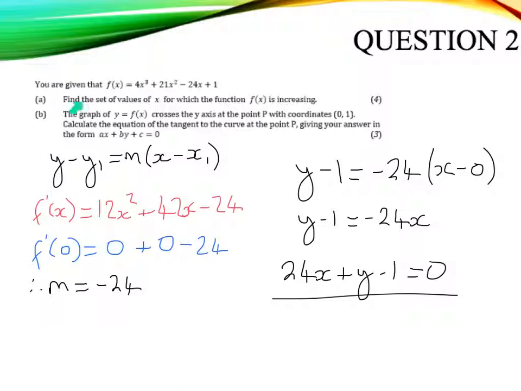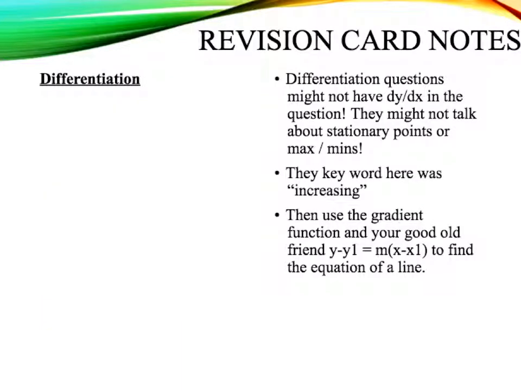It's a simple question in terms of when you know what to do, but we've had to use a multiple of different things again. We've had to realise it's differentiation, we've had to then use quadratic inequalities and equations of lines for this part here. If you're taking notes on this sort of information, this is a good time to do your revision card notes.